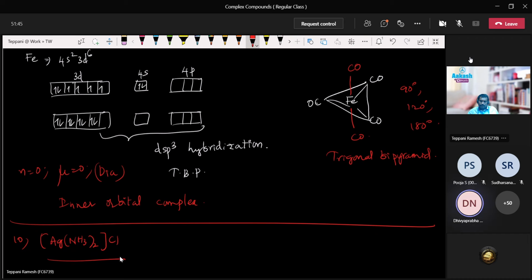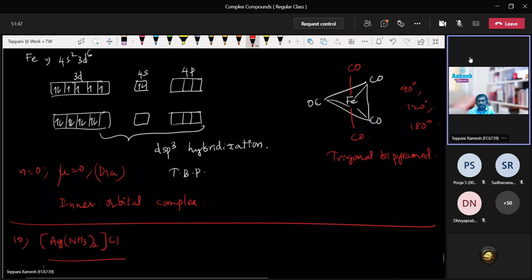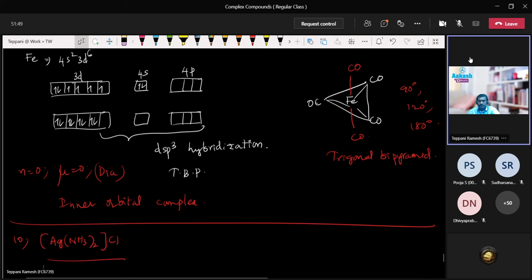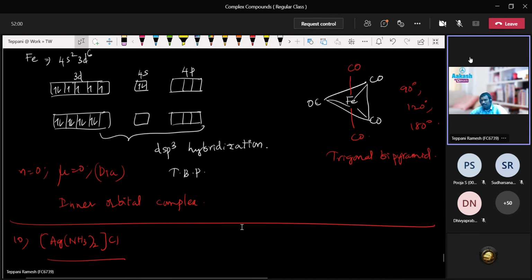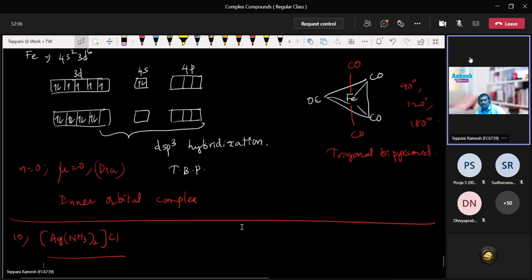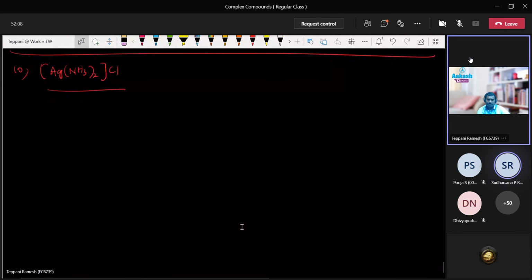sp hybridization, very good, correct. sp means what structure? Linear, very good. Magnetic nature, magnetic moment: diamagnetic. Mu zero, diamagnetic, correct. Did you see the completed or the above one? Yes, sir.